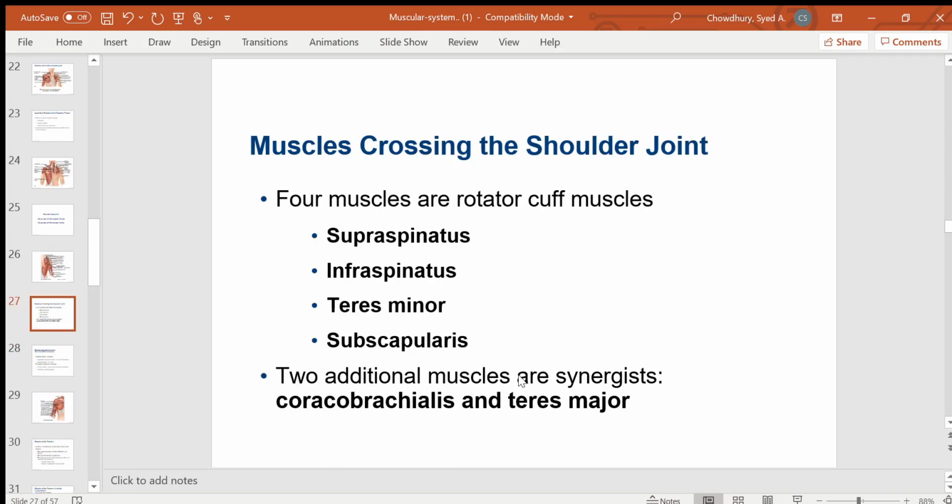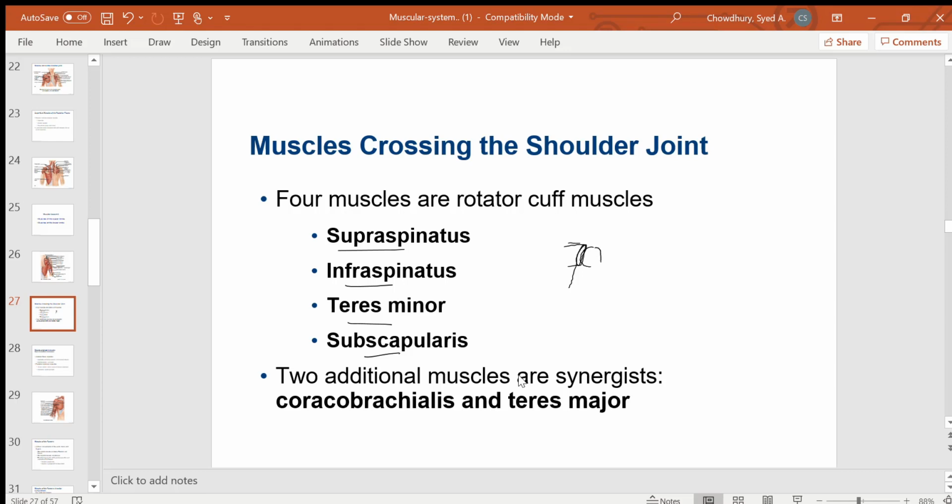Four muscles form a rotator cuff. What is rotator cuff? You know, the scapula has the glenoid cavity. You remember that? And the glenoid cavity is shallow. I told you before. And this is the head of the humerus, the arm bone.